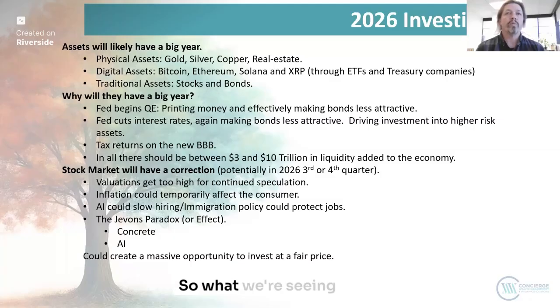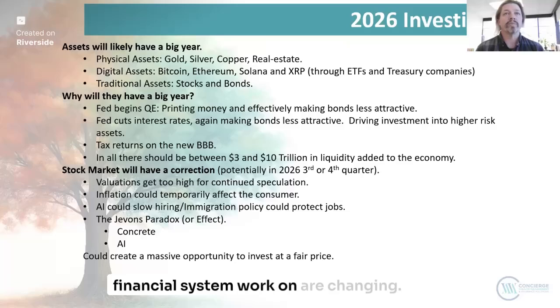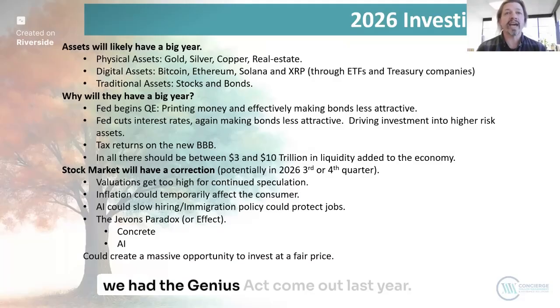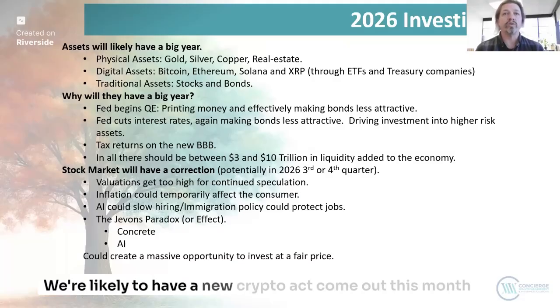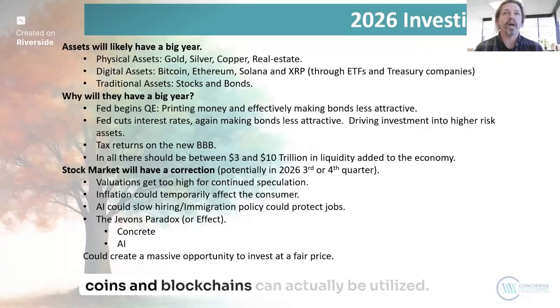What we're seeing is that a lot of the wiring and rails that the current financial system works on are changing. We had the Genius Act come out last year. We're likely to have a new crypto act come out this month or sometime in this first quarter that structures how these coins and blockchains can actually be utilized.